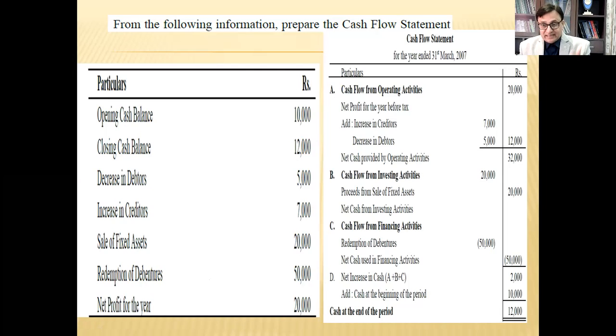So our step by step strategy is there. The first step is to find out the cash from operating activities. Here you cannot use the direct method because the receipts of cash and payments of cash related to operating activities have not been given here. So we will be following the indirect method, where the figure given to us is net profit for the year.